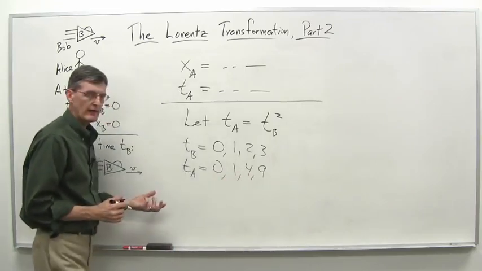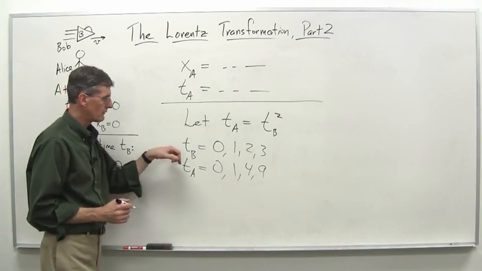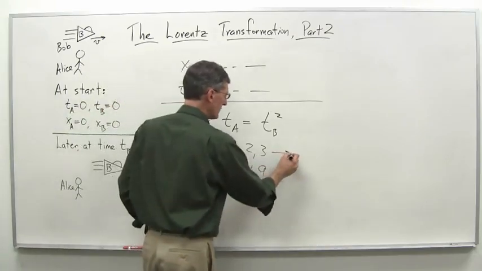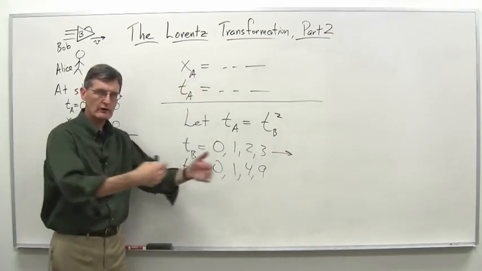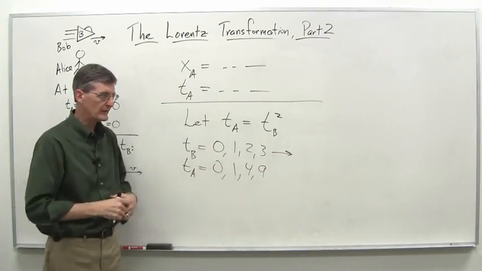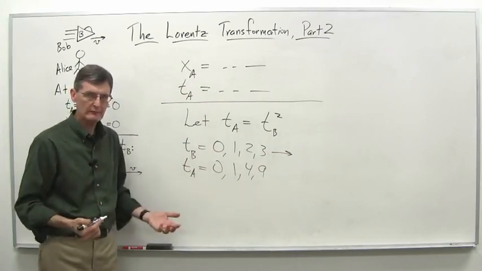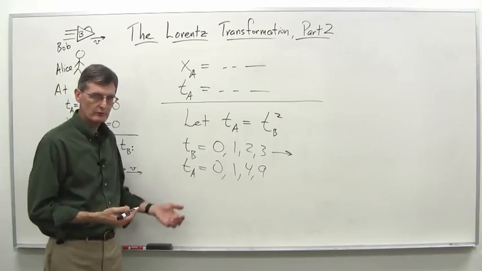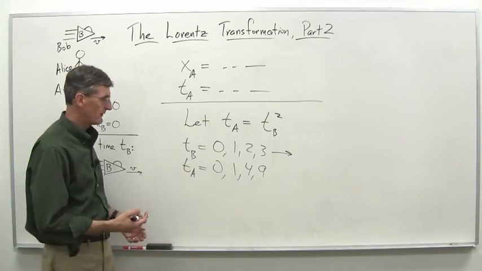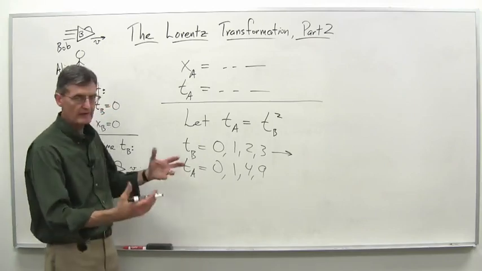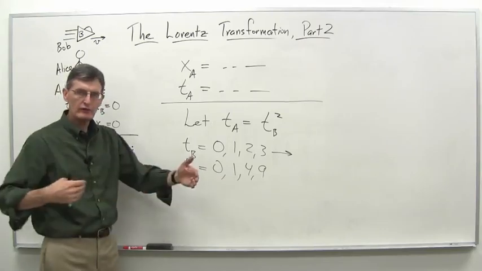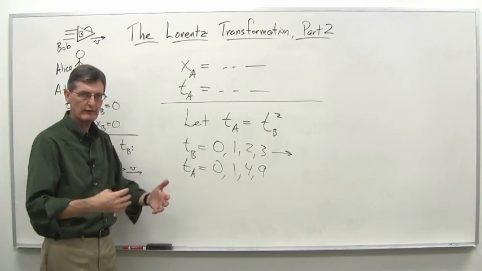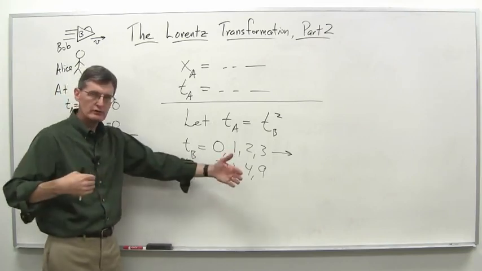Why do they have to be uniform? Well, let's do this argument here. TB equals 0, 1, 2, 3. On Bob's clocks, we can also move clocks forward or back, right? We can calibrate them, just sort of like daylight savings time, depending on what time zone or country you're living in. But very easily you can recalibrate your clocks, set the origin, set the 0 point to whatever you want, and you're measuring elapsed times.